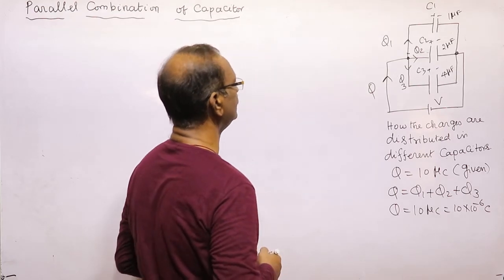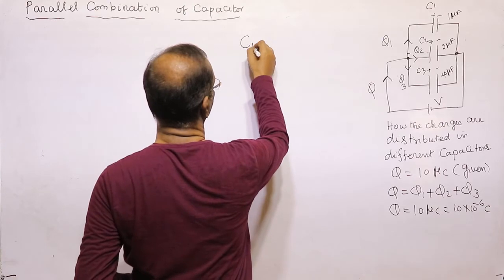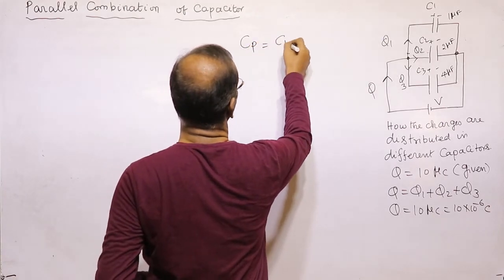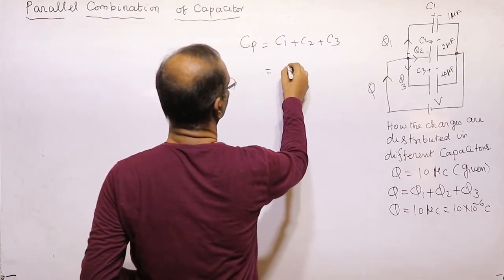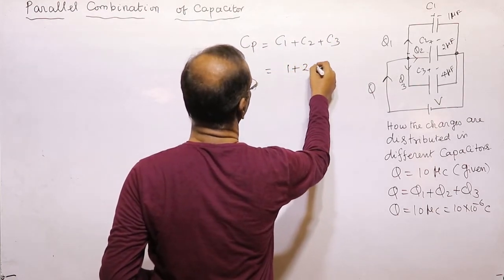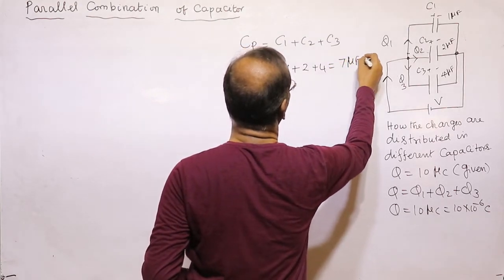Now this is a parallel combination. For the parallel combination, the effective capacitance is C1 plus C2 plus C3, which is 1 plus 2 plus 4, equal to 7 microfarad. So the net capacitance CP is equal to 7 microfarad.